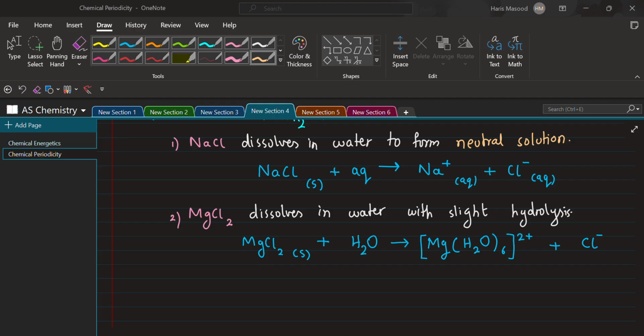What is a complex ion? That is joined by multiple molecules, water molecules. Till now you just have to practice the equation. No need to go into detail because that will be covered in A2. In A2 we study the complex ions and how they are formed, and the concept behind them.